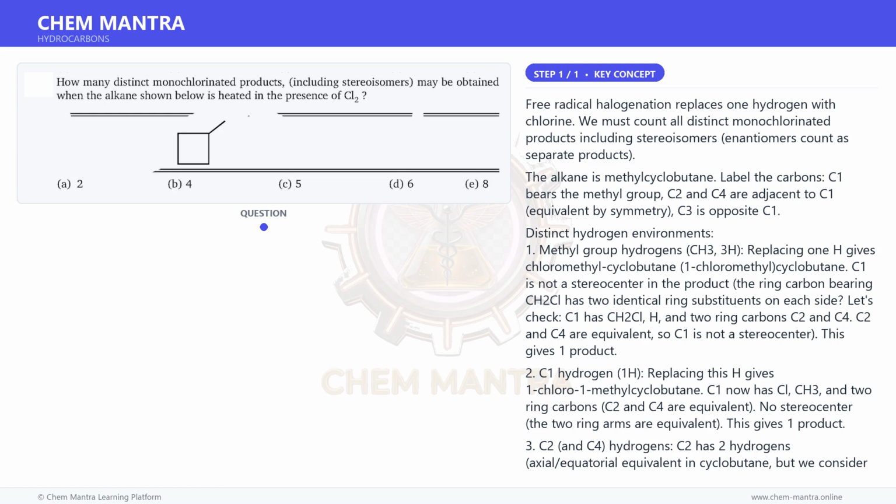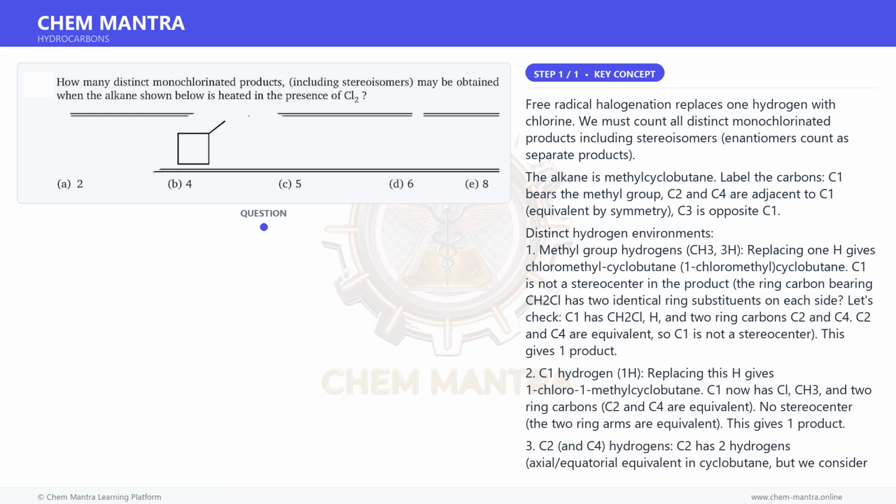Wait. Actually for 1-methyl-2-chlorocyclobutane, does the cis isomer have a plane of symmetry, a mirror plane through C3 and the C1 midpoint? No. Let me reconsider. Cis 1-methyl-2-chlorocyclobutane, C1 and C2 are adjacent with different substituents, CH3 and Cl, no internal mirror plane, so cis gives two enantiomers and trans gives two enantiomers.